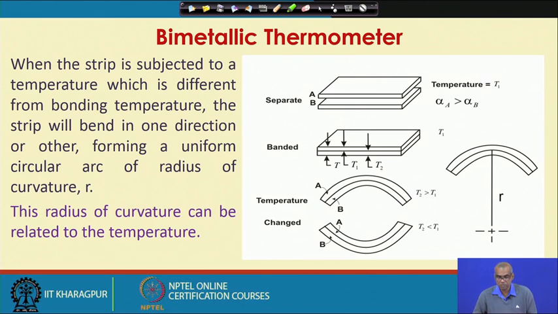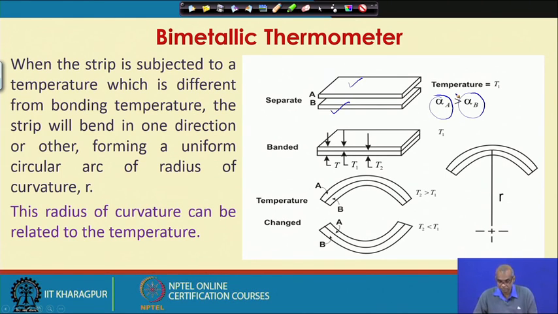So, what we mean is, you have two metallic strips A and B. Thermal expansion coefficient of A let us call alpha A and thermal expansion coefficient of B let us call alpha B. Let us consider alpha A is greater than alpha B.